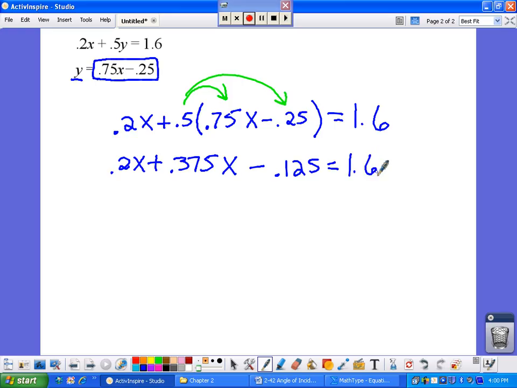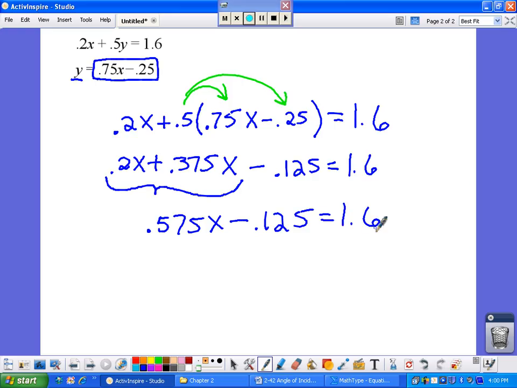There we go. Combining my x's, so let's let our x's combine to get 0.575x minus 0.125 equals 1.6. I like to get x's on one side, numbers on the other of my equal sign. The equal sign is your balance.